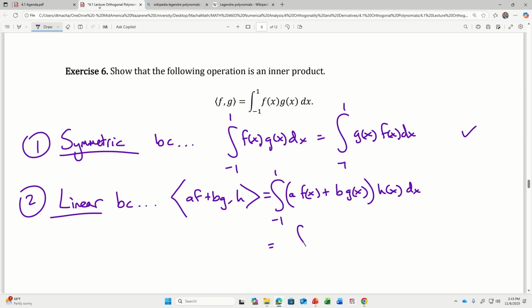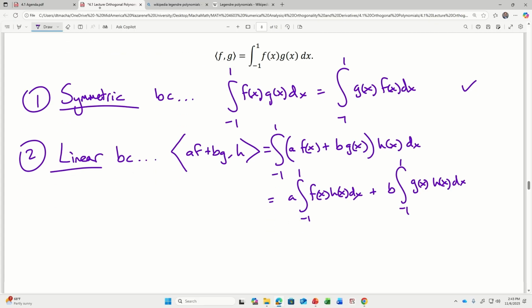And that would be equal to a times the integral of f of x h of x dx plus b times the integral from -1 to 1 of g of x h of x dx. And that would be a times the inner product between f and h plus b times the inner product between g and h.